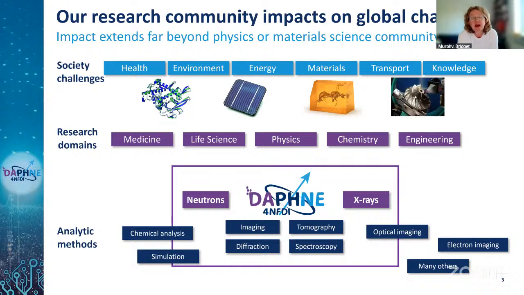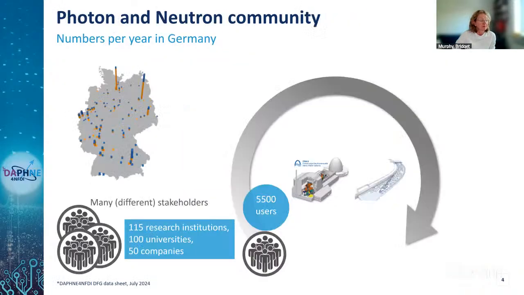We can see some examples here from health science, for example, protein crystallography, or from environment and energy, understanding how solar cells work, or from material science, for example, this beautiful ant that was imaged by our colleagues at Hereon and DESY, or trying to understand transport, for example, turbines from jets, and using this information to collect knowledge.